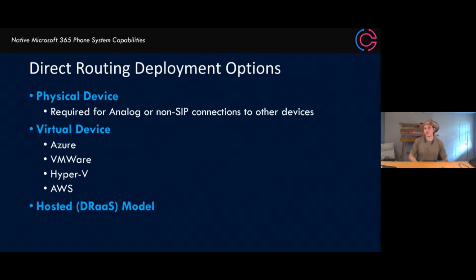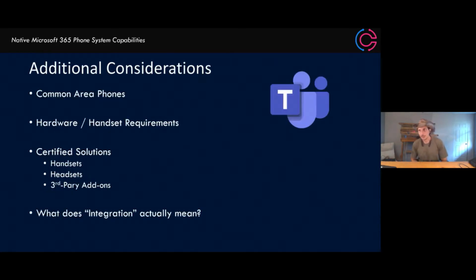A few final additional considerations. Remember to think about your common area phones. These are phones that will sign into Microsoft Teams on a lesser license level, and usually they have to be physical phones that are deployed in your most commonly accessed areas in a company. Definitely something to bake into this overall strategy. Hardware and handset requirements. We talked a bit about hardware and handsets already.